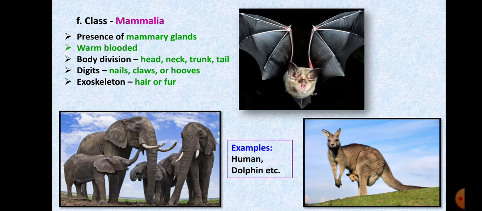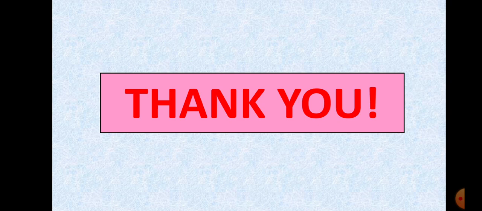so I think the chapter has been very interesting. With this, we complete with the lesson number 6, animal classification. I would once again advise you all to study the animals whenever you're studying the characteristics.